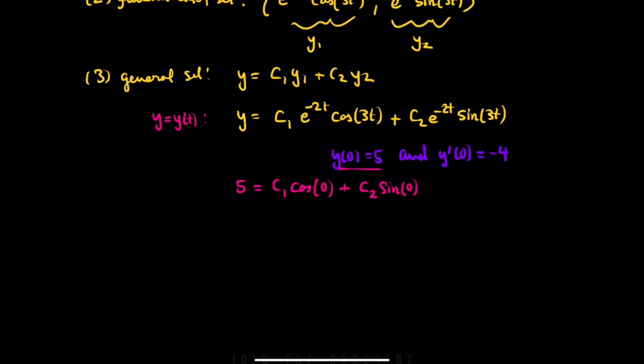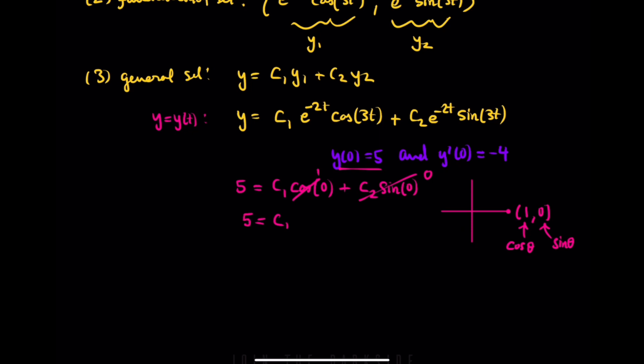Sine of 0 is 0 because if we look at the unit circle, then we're looking at 0, and 0 is (1, 0), and let me remind you, the x is represented as cosine theta and y is represented as sine theta. So therefore sine 0 has the value of 0, so this is just 0, and so then cosine 0 has the value of 1. So c1 equals 5.